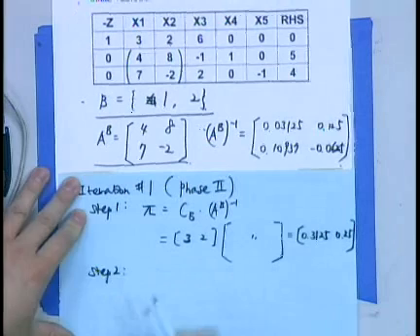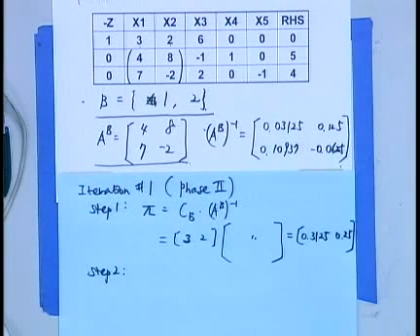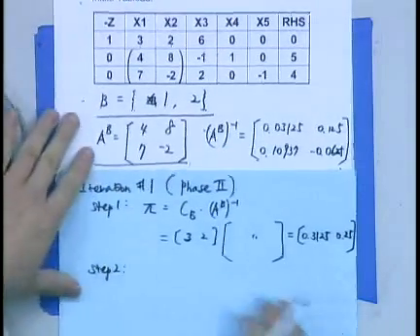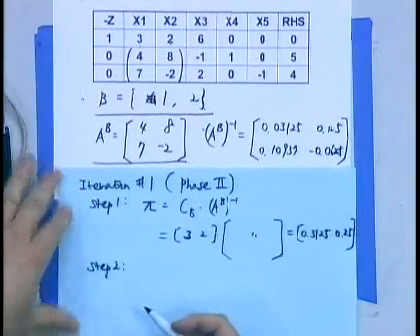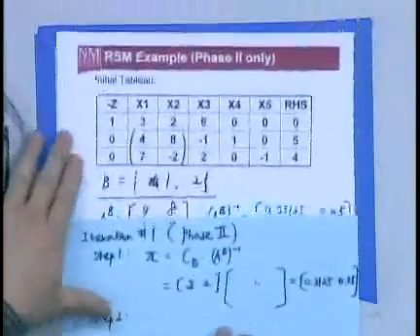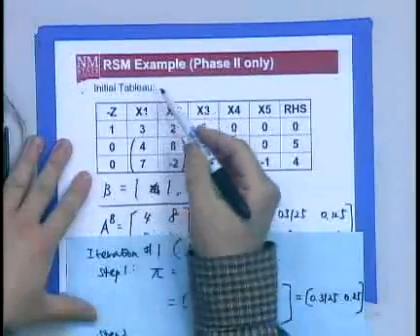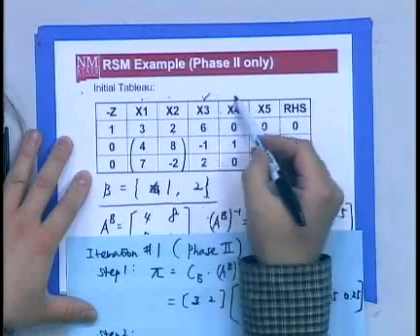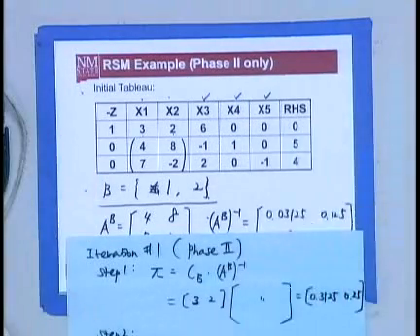Next step is to compute the reduced cost of the non-basic variable, because we are dealing with a minimization problem, right? Currently, the basic variables are x1, x2, which means we have 3 non-basic variables, x3, x4, and x5, right?